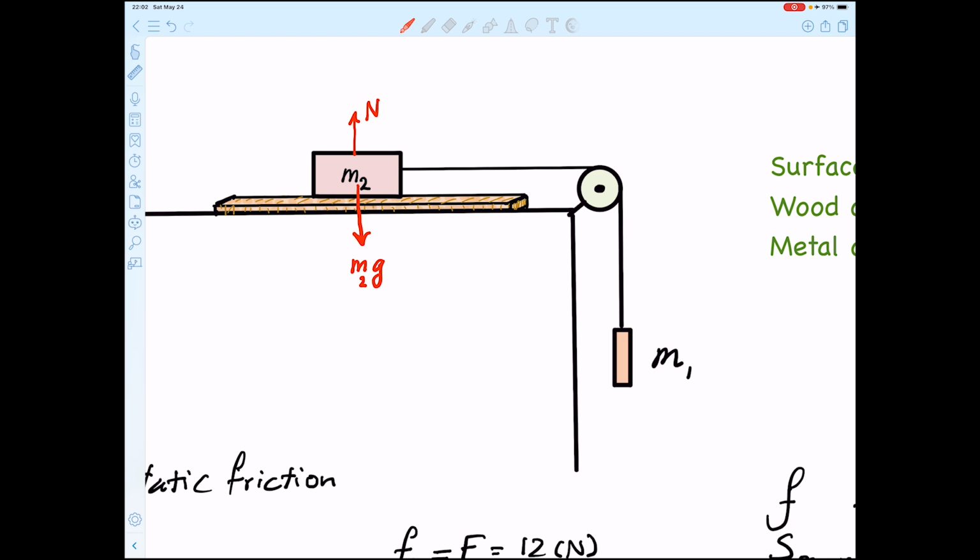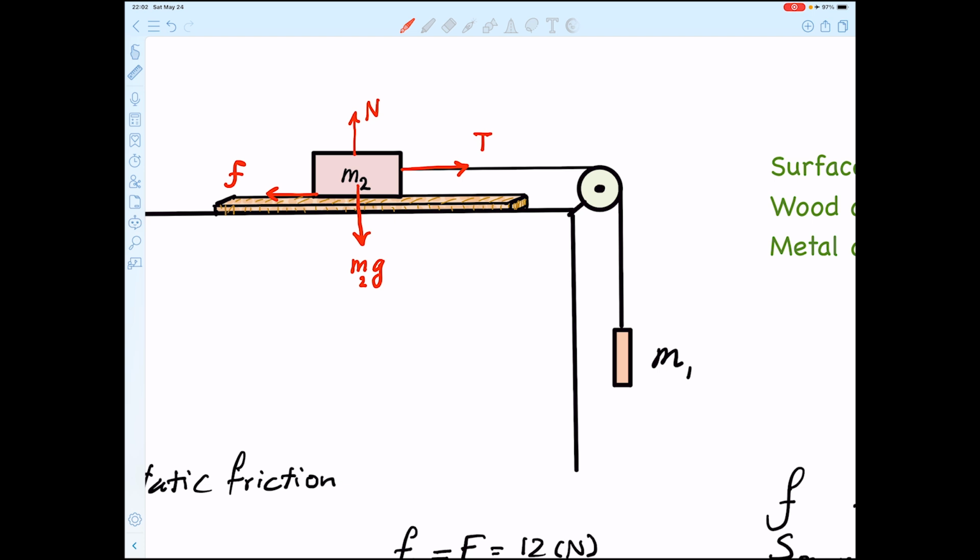Remember, the surface is not tilted, so the normal force is at an angle of 90 degrees with respect to the surface. We'll have a force of the string, tension, and we'll have friction here. I'm not labeling it Fs or Fk right now because I want to explain what we're going to do.